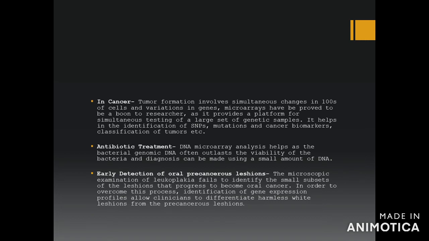So microarrays have proven to be a boon for researchers, as they provide a platform for simultaneous testing of large sets of genetic samples. It helps in the identification of single nucleotide polymorphisms, mutations, cancer biomarkers, and classification of the tumors, and many more things. Next is antibiotic treatment. Here DNA microarray analysis helps, as the bacterial genomic DNA often outlasts the viability of the bacteria, and diagnosis can be done using a small amount of DNA.